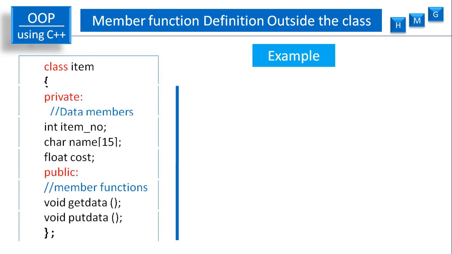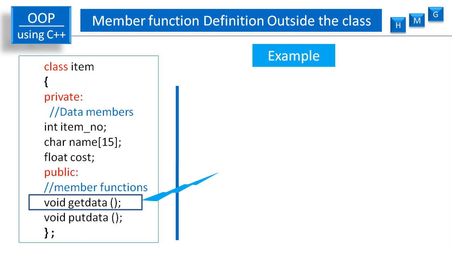The first example we will see is of the first member function, that is the get data function. So this is the class. At the left side of your screen there is a class declaration. In the class declaration we have data members and member functions. In the member functions we have just put two lines of function declaration, void get data and void put data. Now for this void get data declaration, we are going to write the function definition in detail.